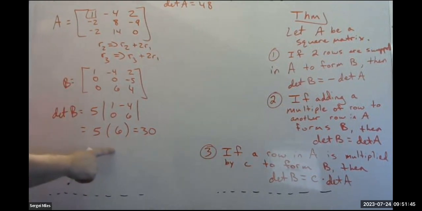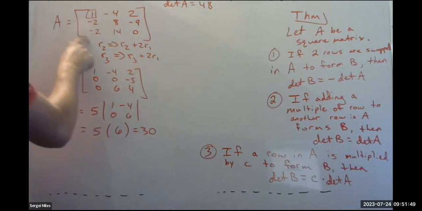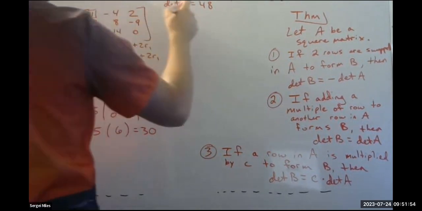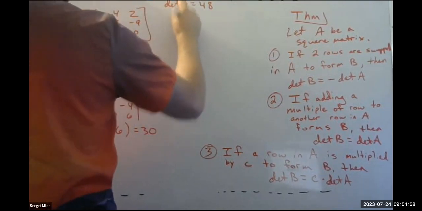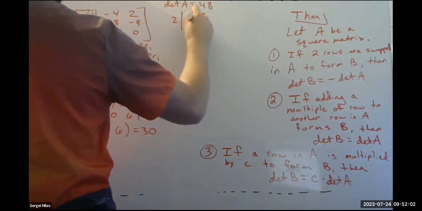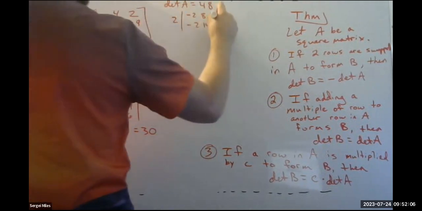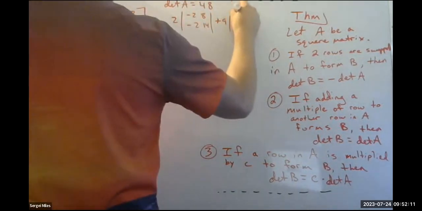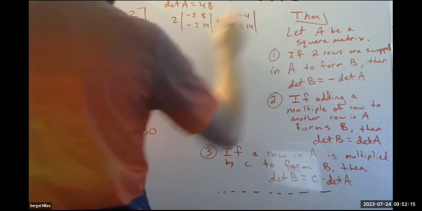So next, let's think about whether I made a mistake when I did this original determinant. I chose column 3, positive, negative, positive. So that is a 2 times the determinant of the submatrix. Positive, negative, so I have a positive 9 times the submatrix. 1, -4, -2, 14.